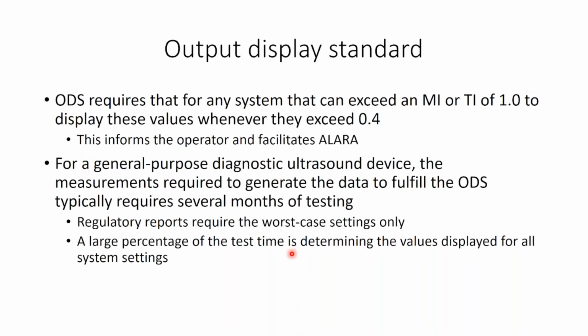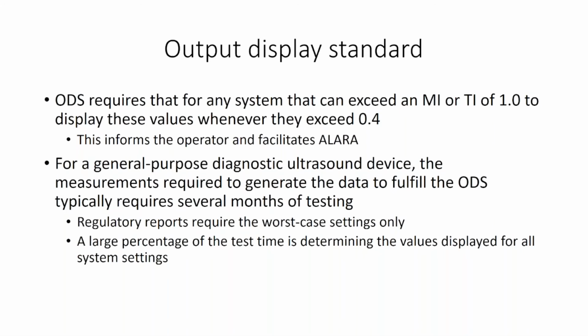For a general purpose ultrasonic device, this type of measurement requires a lot of data to fill the ODS tables, which are what's displayed in the ultrasound images, as you saw at the beginning of the presentation. And the regulatory reports only want the worst case scenario. So in a regulatory report, you would make all these measurements, find where your MI or TI are highest, and give a full data set to the reporting agency, such as the FDA, of the worst case.